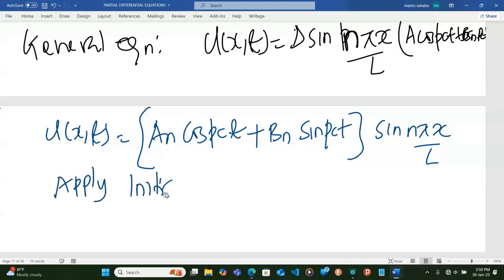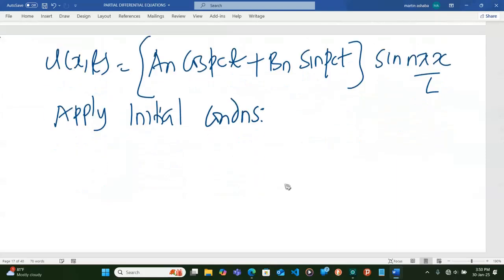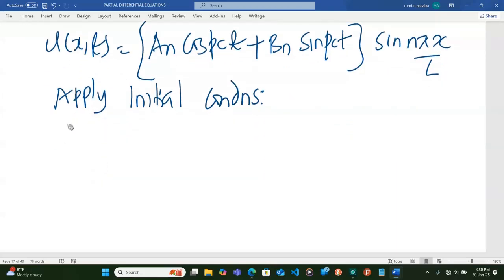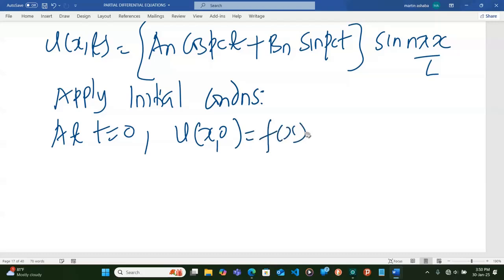initial conditions. So when we apply initial conditions, we have the fact that at t is equal to 0, u(x,0) is equal to f of x. Yes. So I'm going to put in a 0 here. I'll have an, okay, plus 0, and I'll have that function.